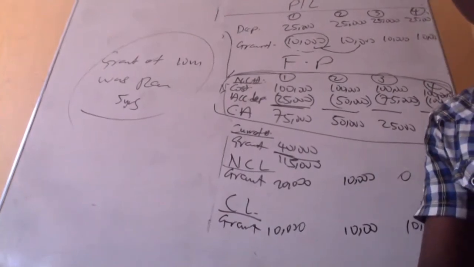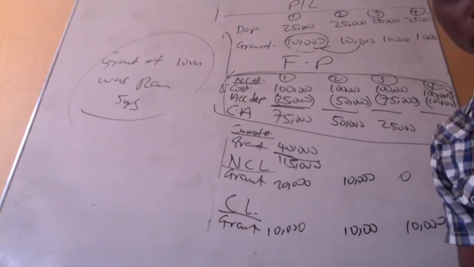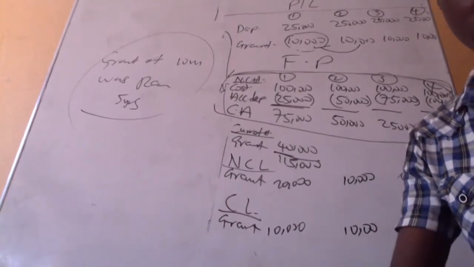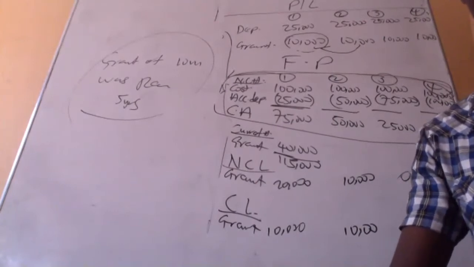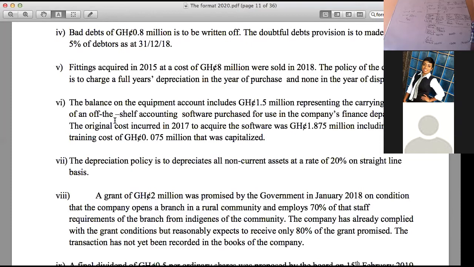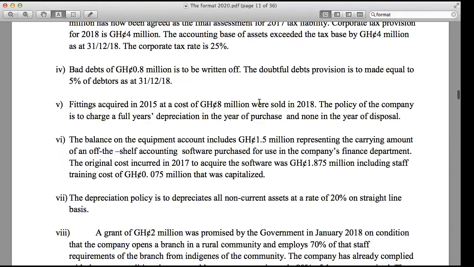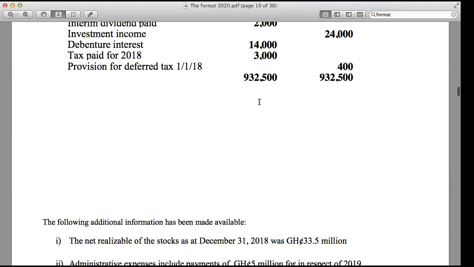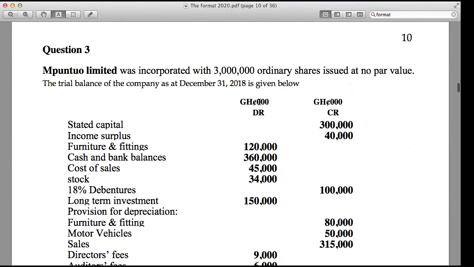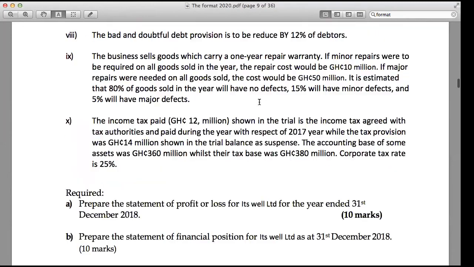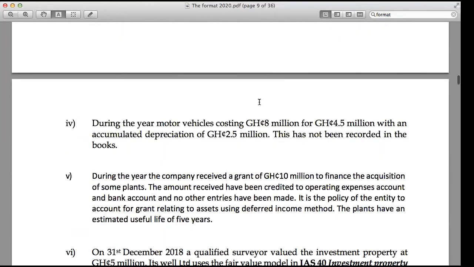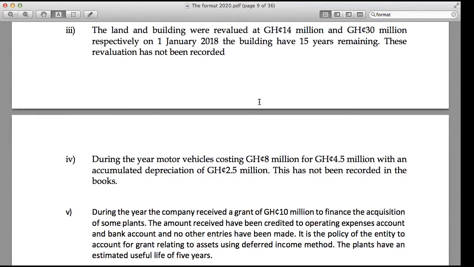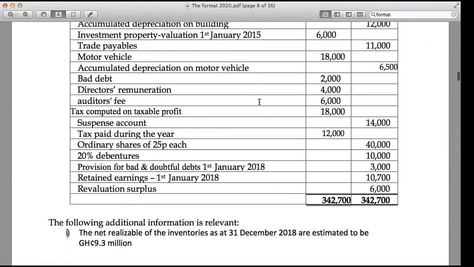Okay, so now let's see Success Limited. Success Limited is question 1.